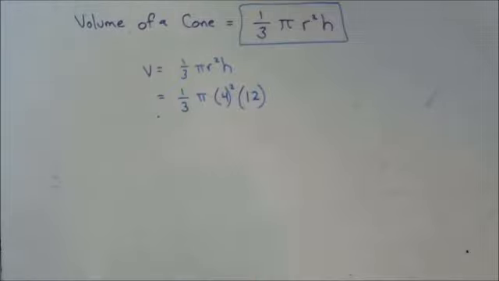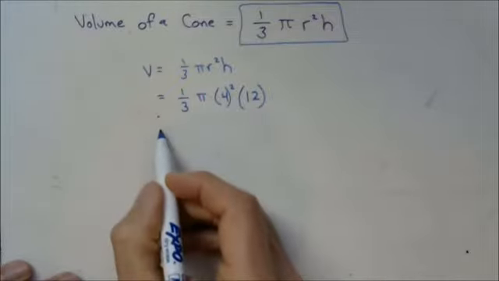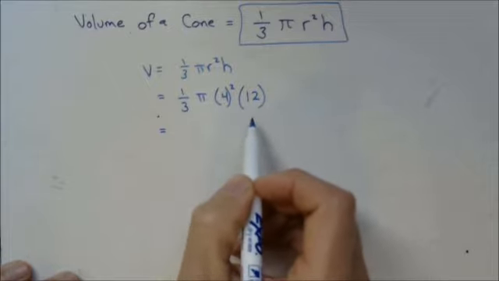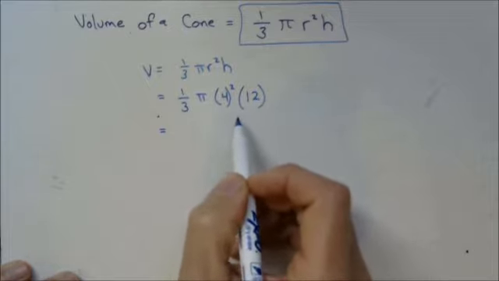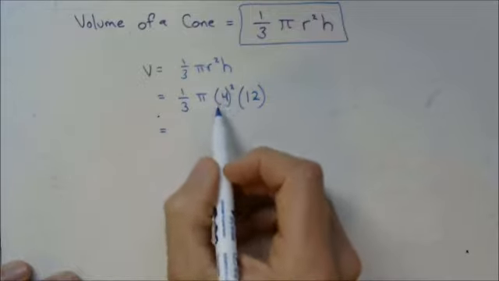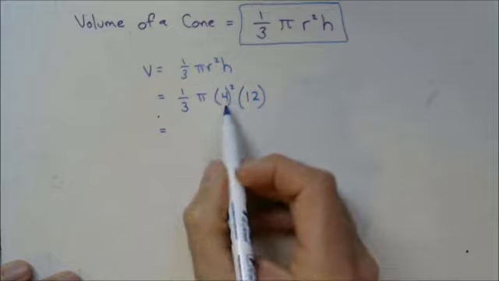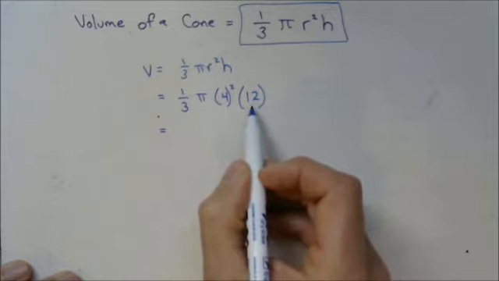And now it doesn't really matter what you multiply by what first here. As long as we do our exponent first, the rest of it can just go in our calculator as a string of multiples. Okay, so we've got 4 squared is 16. 16 times 12 is 192.